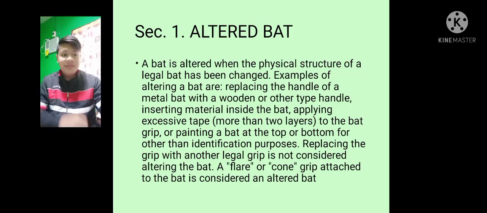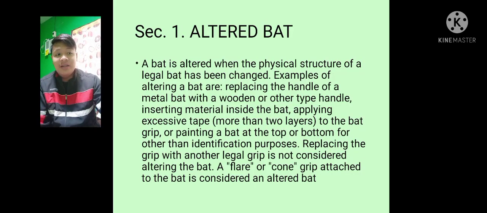Let's start. A bat is altered when we change the physical structure of a legal bat. For example, replacing the handle of a metal bat with a wooden bat handle, or inserting materials inside the bat, or applying excessive tape of more than 2 layers.